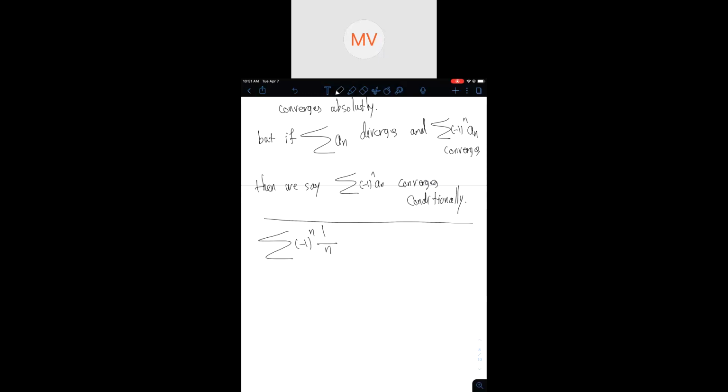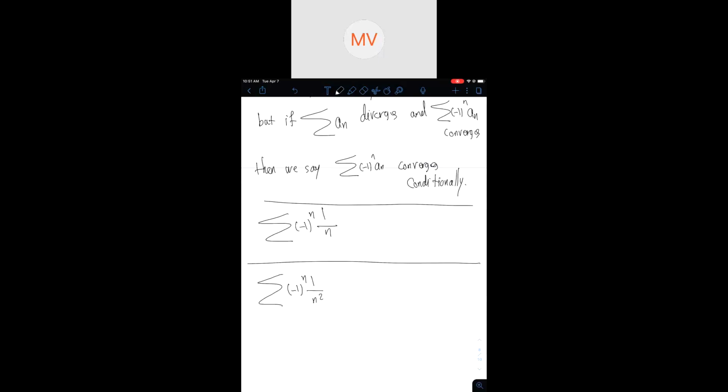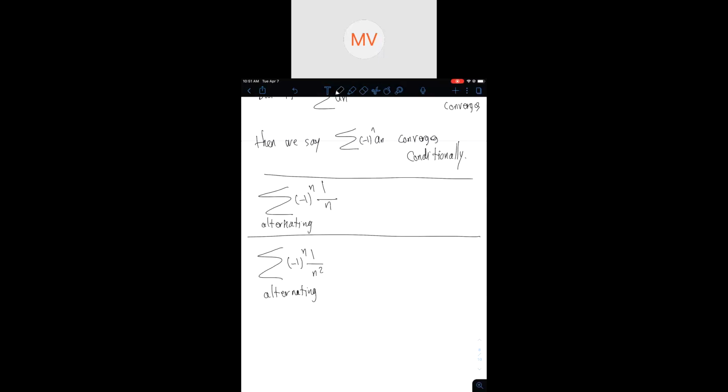Consider these two alternating series, this one and these two. Okay, so these are both alternating. Question for you. What's the absolute value series of this one? The absolute value series. Drop the -1 to the n, right?